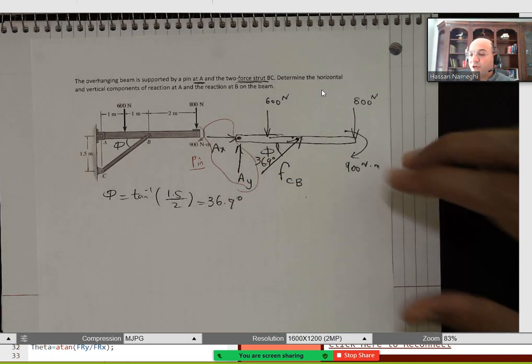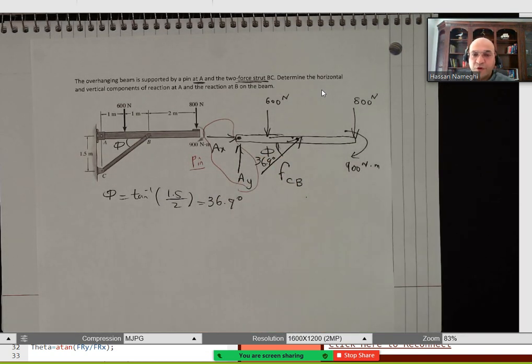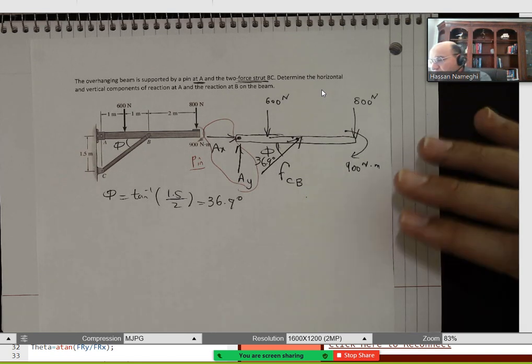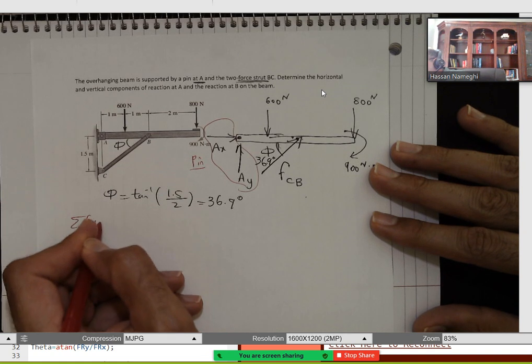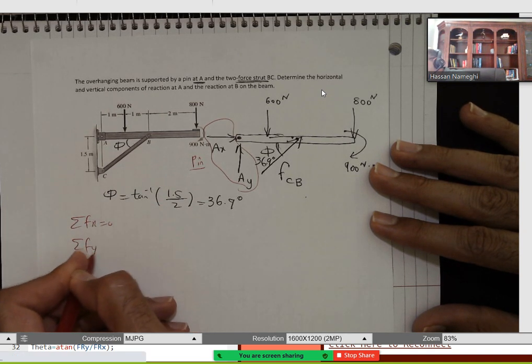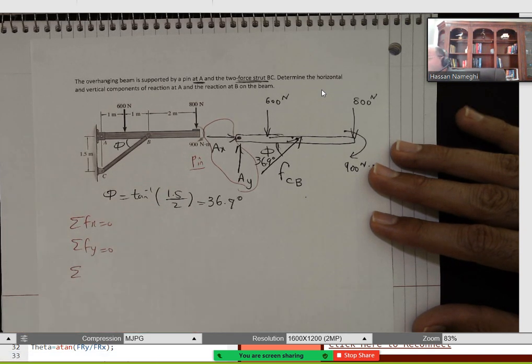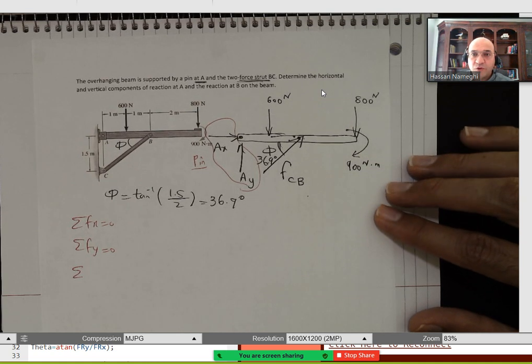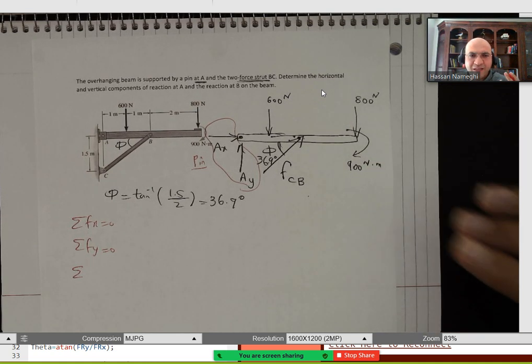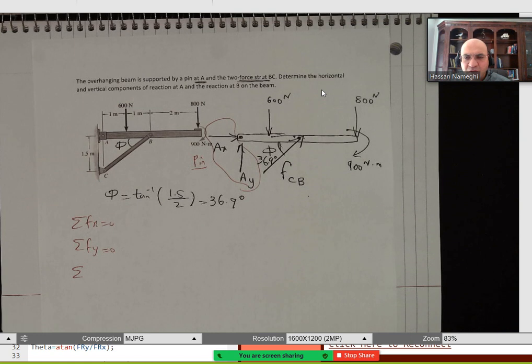Now, if I want to write the equations of equilibrium, the first thing I do is write sum of Fx equal to 0, sum of Fy equal to 0, and sum of moments about any point equal to 0. But what point am I going to select? I'm going to select the point with the most unknowns, because you're going to cancel all those unknowns from your equation.